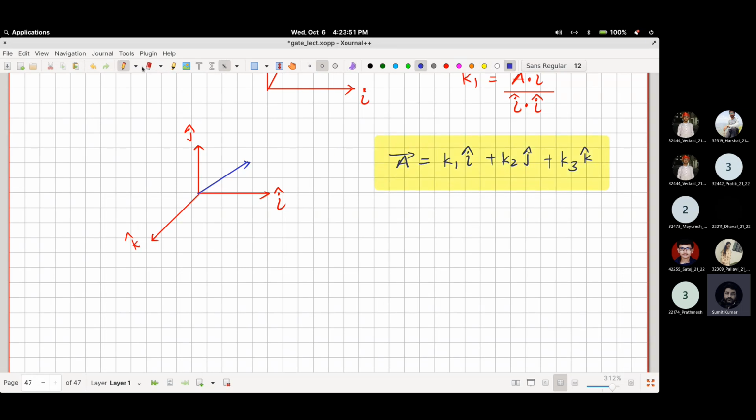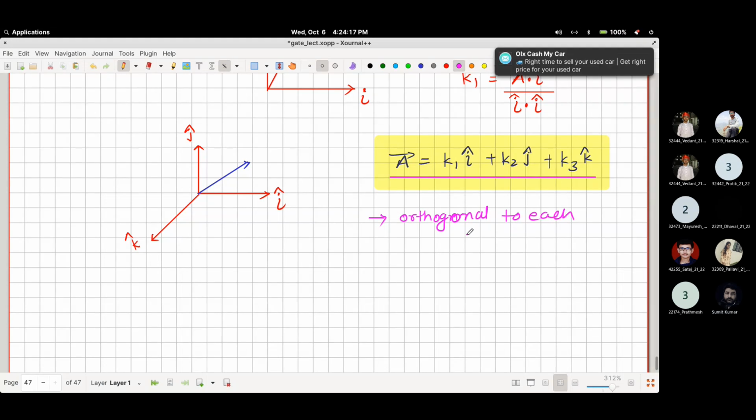Now let's examine this a bit closely. What do you see here? What is the relationship between I, J and K? They are perpendicular to each other. They are orthogonal to each other, isn't it? So they are pairwise orthogonal.